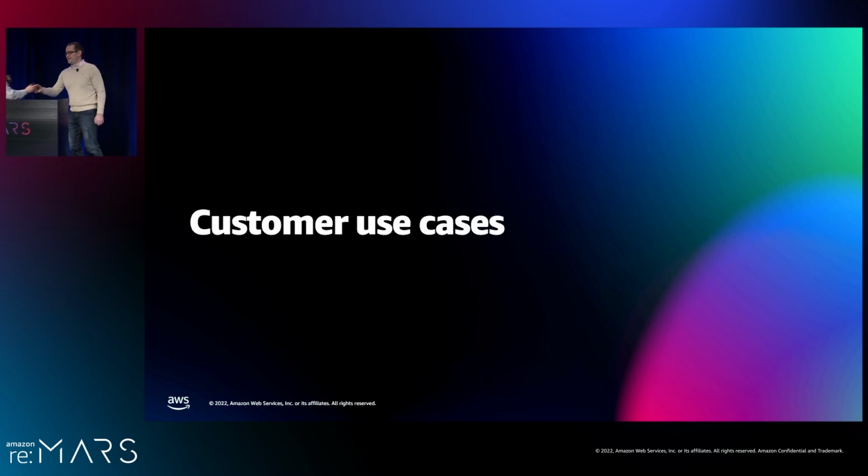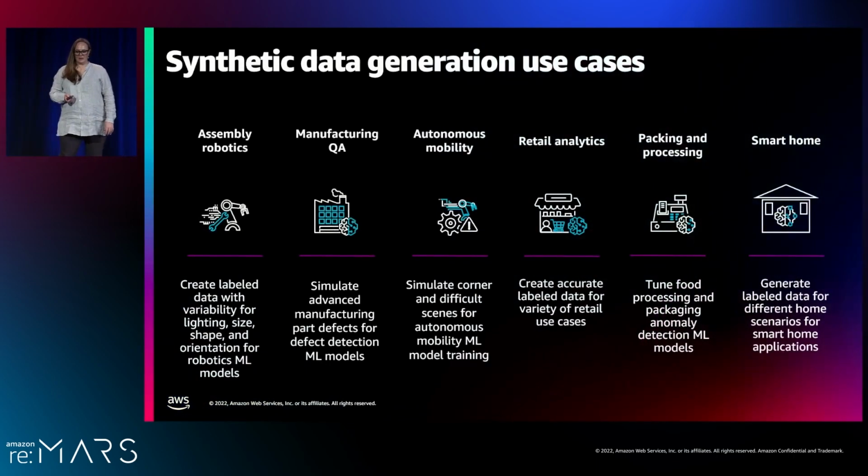Thanks, Herman. So let's walk through a couple of customer use cases. So for assembly and robotics use cases, we can create labeled data with variability for lighting, size, shape, and orientation for training robotics machine learning models. With manufacturing quality assurance use cases, we can simulate advanced manufacturing parts defects detection models.